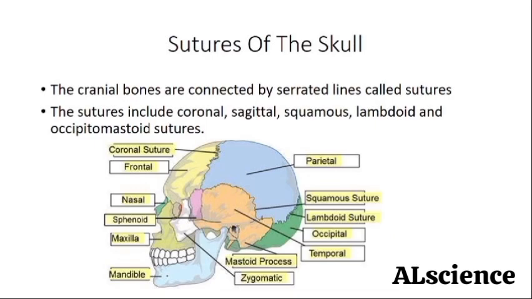These are the holes through which the nerves, the arteries, and the veins pass. The major important point to note is about the foramen magnum. The foramen magnum is the hole for the spinal cord. So it is the hole through which the spinal cord passes.